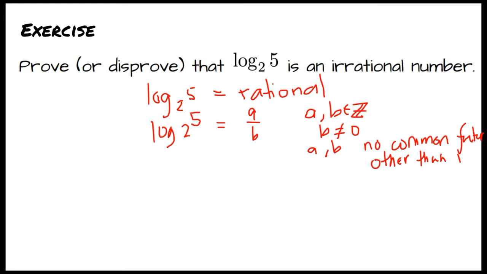If we multiply this equation by b, we'll cancel out the b on the right hand side, and the left hand side will become b times log of 5 base 2 is equal to a.